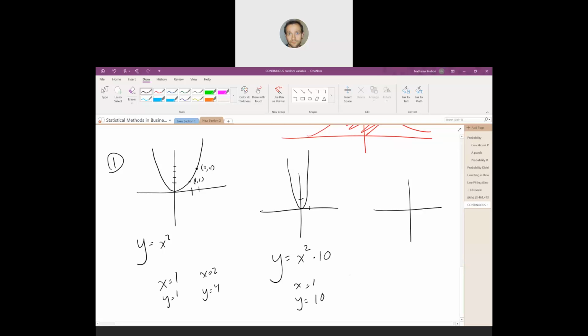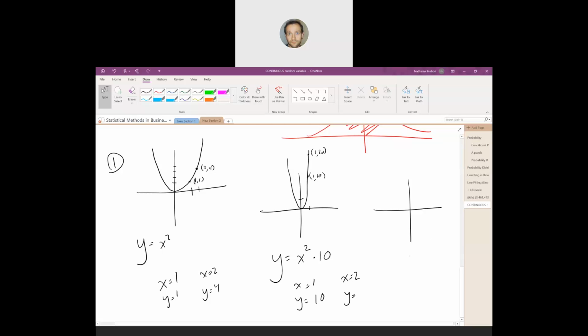And so here, when x equals 2, what does y equal? 20. Great. So, multiplying by a number makes this graph get sort of thinner, as you say. Okay?